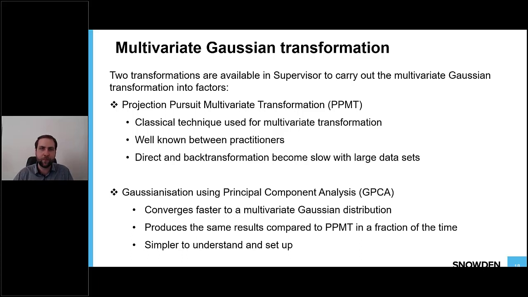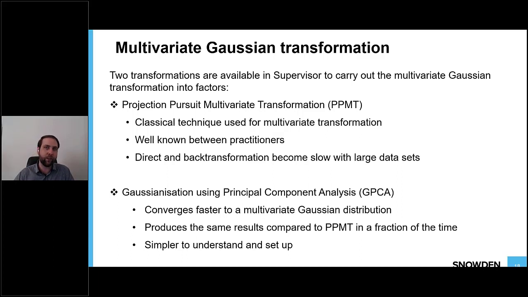Now, at Snowden, with the great work that Oscar's done, we've come up with a method that we've borrowed from across industry called the GPCA, or Gaussianization using principal component analysis. This is more flexible than any of the standard principal component analysis methods that you might have used previously.